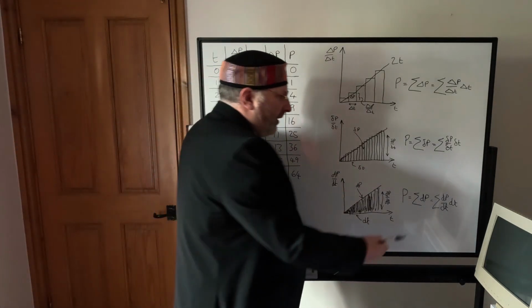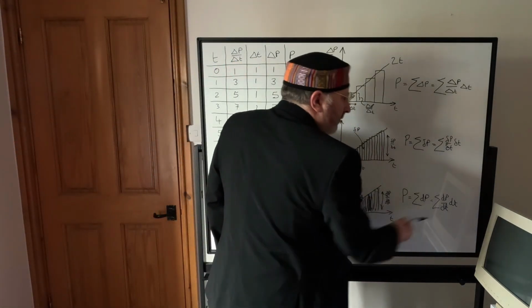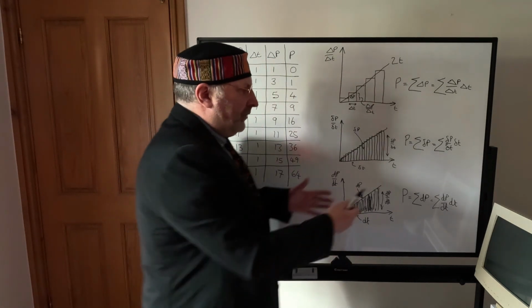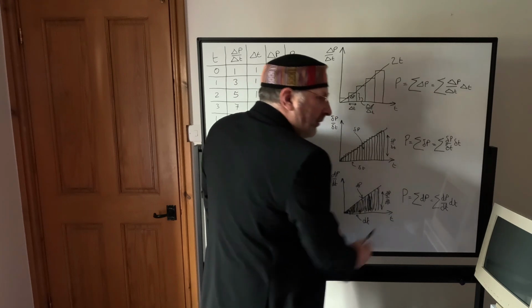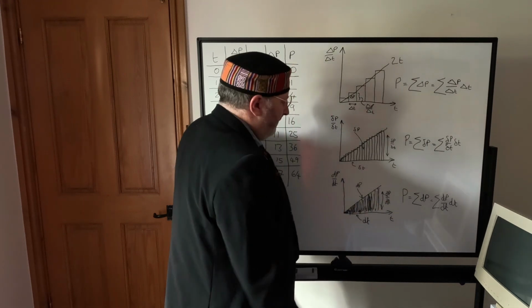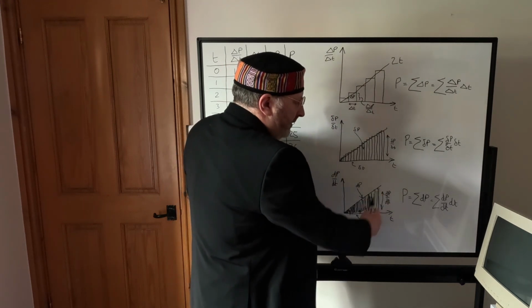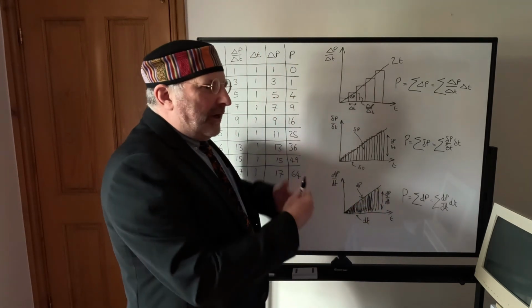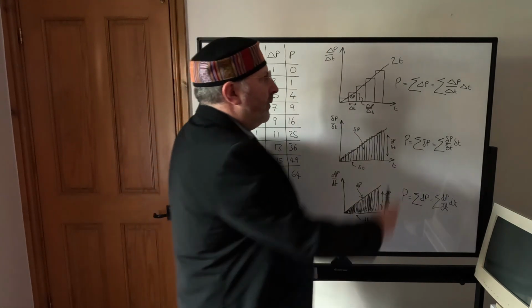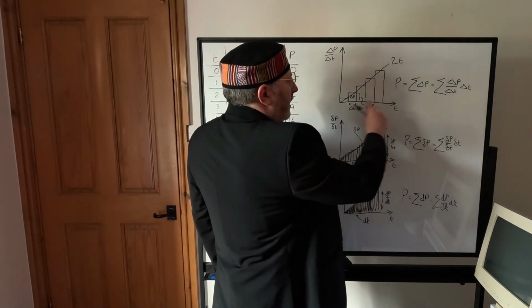Now the thing is here though, that this is not a real sum. We couldn't put this in a spreadsheet, for example, because these are infinitely narrow. So there's going to be infinitely many of them under this line, and we couldn't have an infinitely long spreadsheet. We could put these into a spreadsheet.